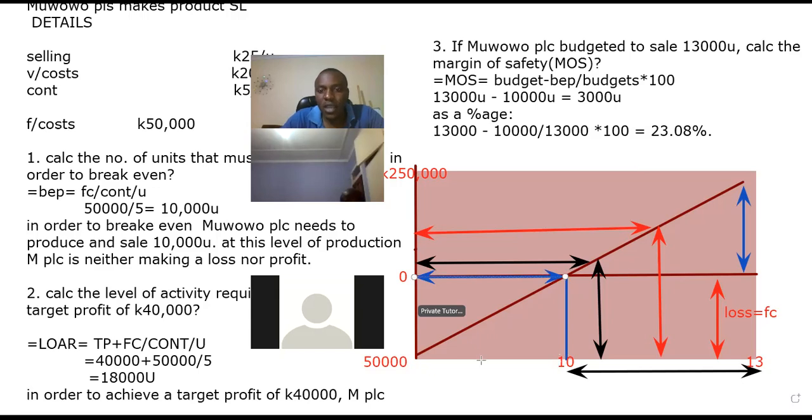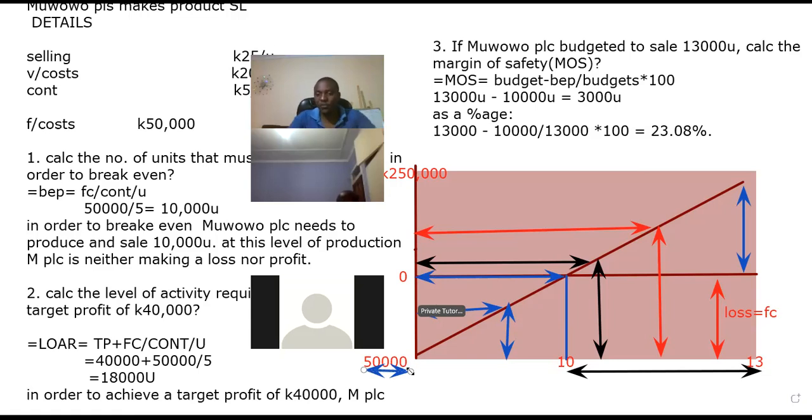You make 0. But if you decide to produce below this line, you're meeting the revenue curve somewhere here, meaning that you're making a loss. Now, this loss is going to be equal to the fixed cost. Every time you produce below the break-even point, you incur a loss equal to the fixed cost.